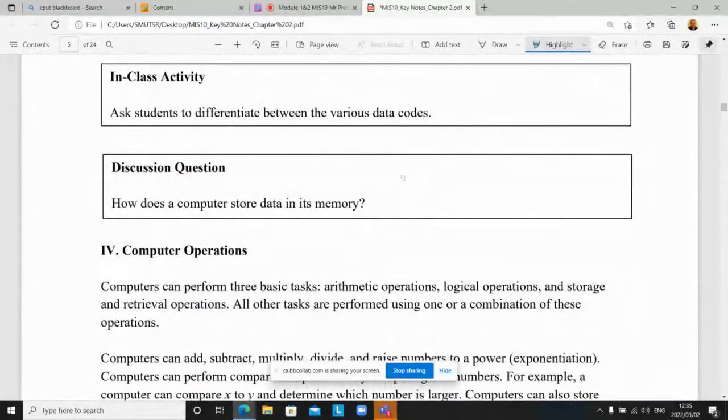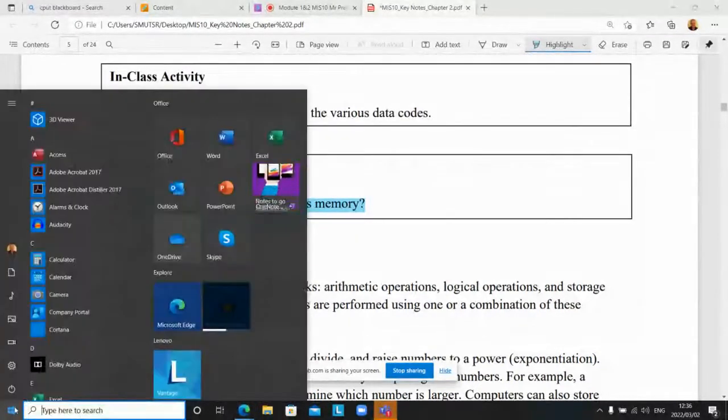No, I don't want data codes. How does a computer store data in its memory? Okay, it is in the text further up, and I actually just want to talk briefly about this question. There are two things that I want to explain to you about computers and memory.